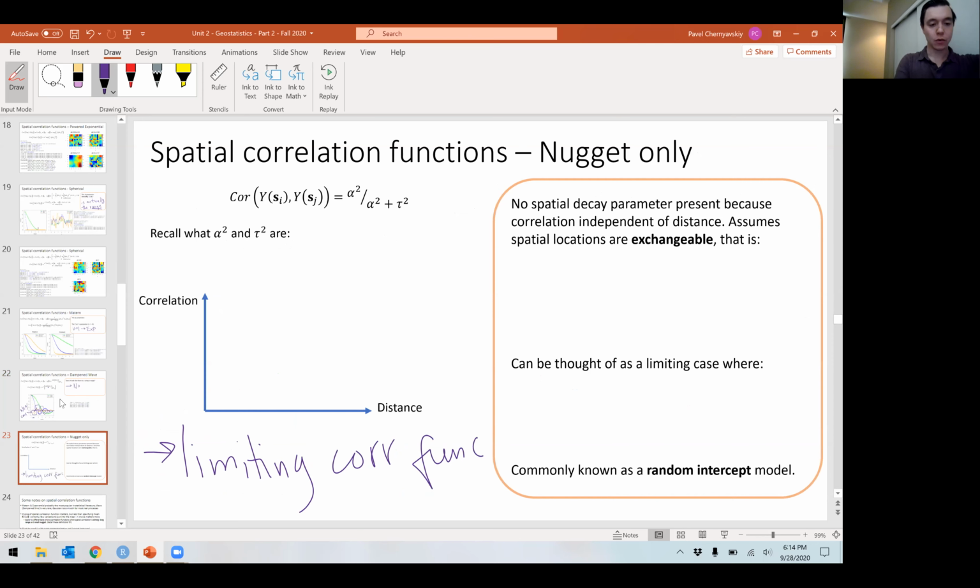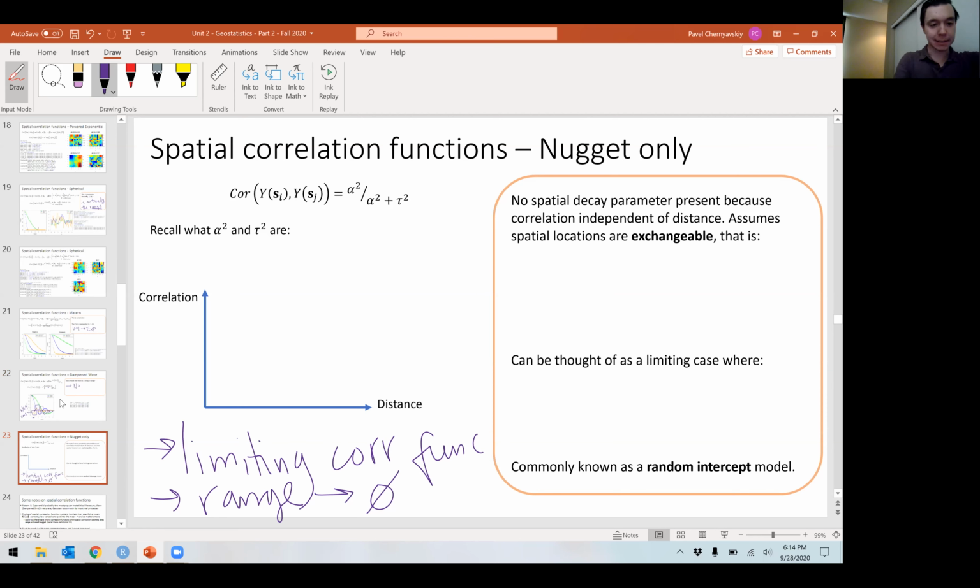So we don't have a ton of spatial dependence. And if we don't have spatial dependence, the correlation does not change with distance. No spatial dependence means correlation constant with distance.